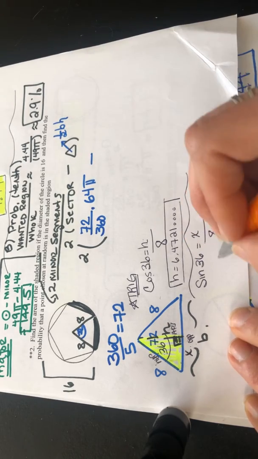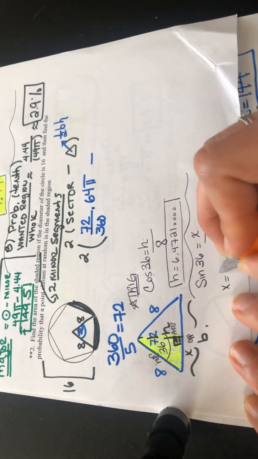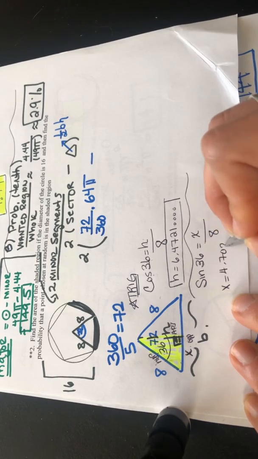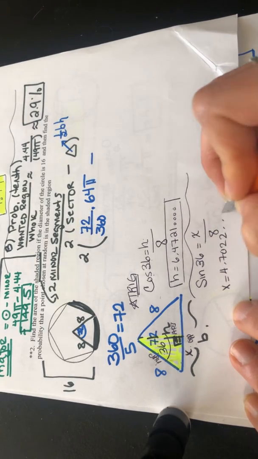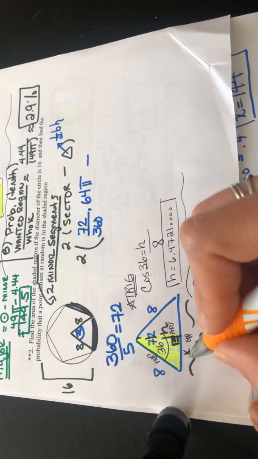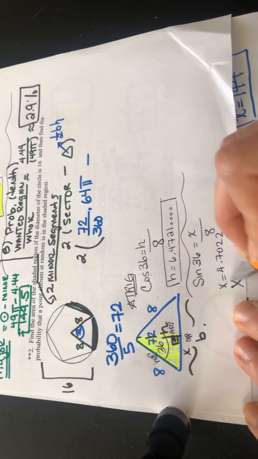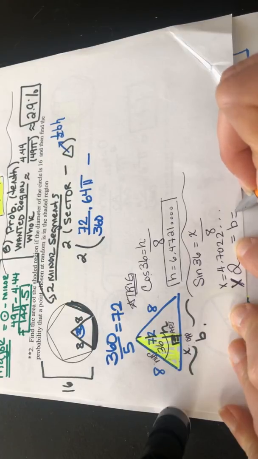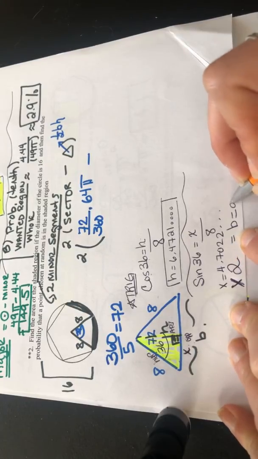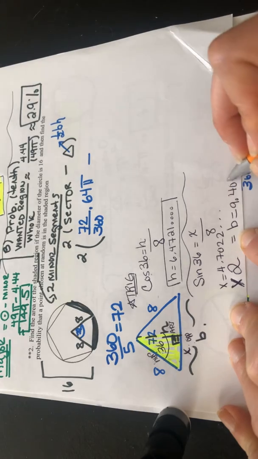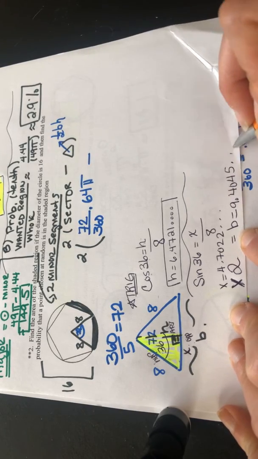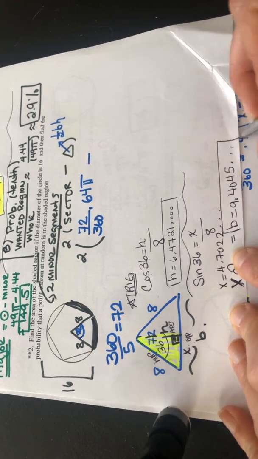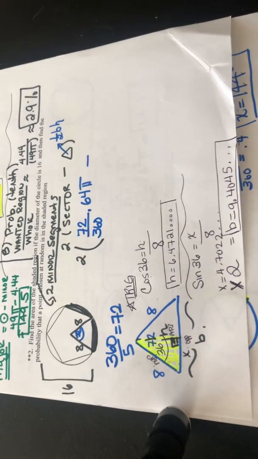When you cross multiply, you're going to get x equals 4.7022 something something. But be careful, that's only this. I must times this by 2 to get to my base. So the base is going to give me 9.4045. And that's where you guys would get your base and your height.